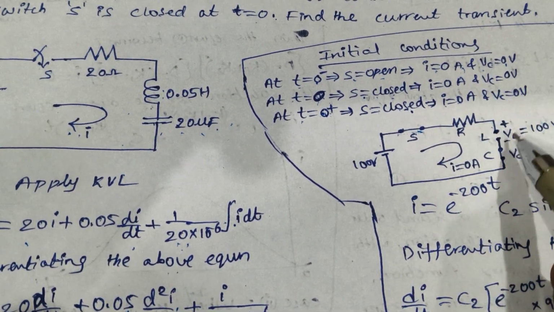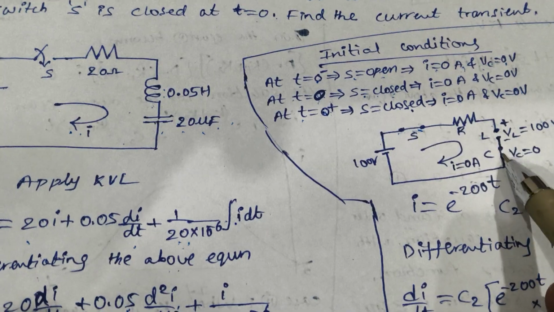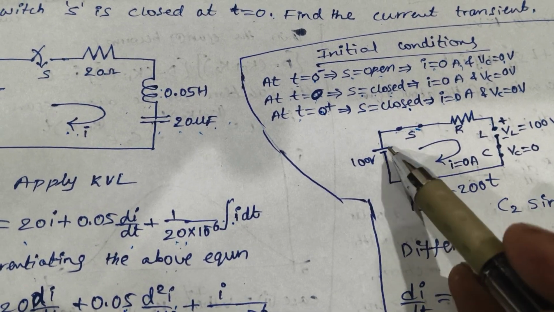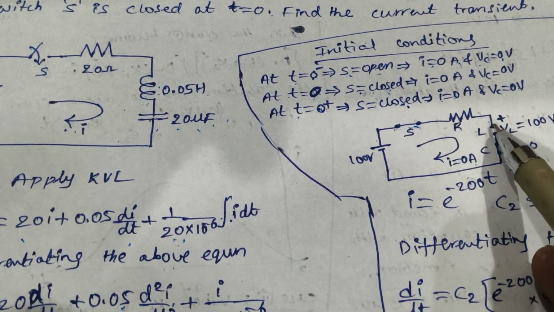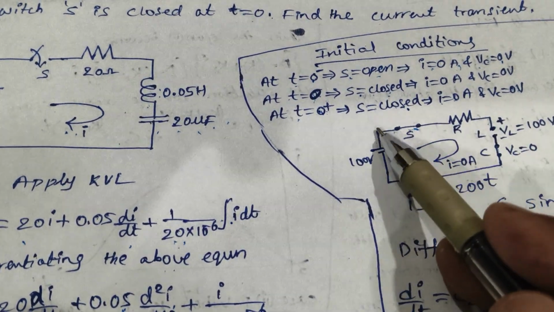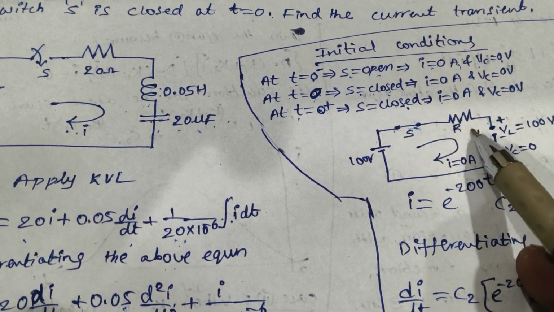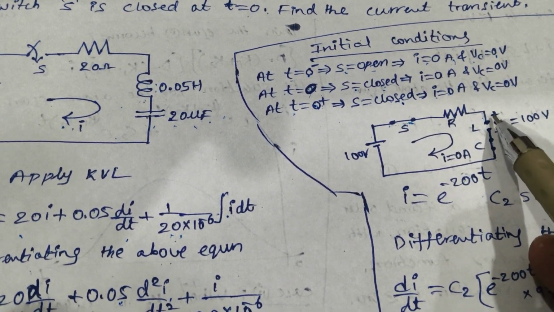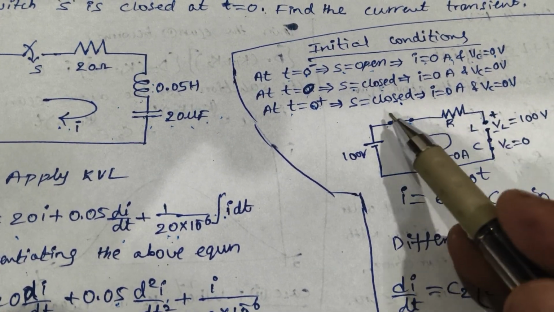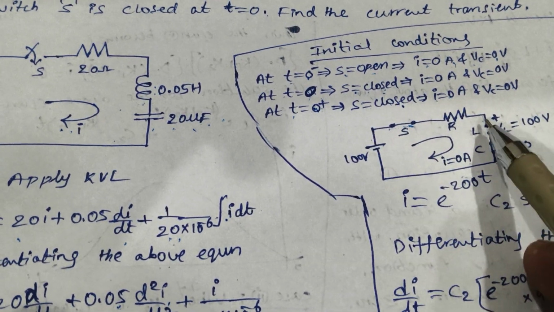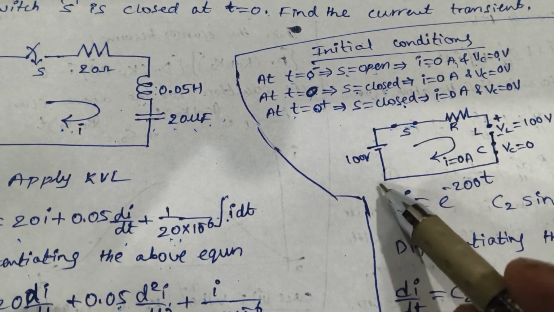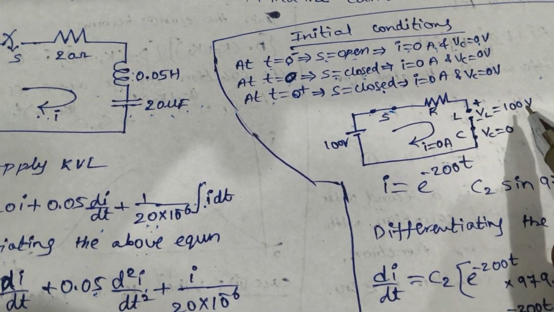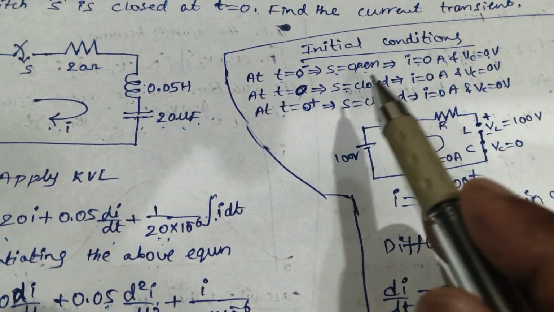And the capacitor voltage is 0, which means it is a short circuit, so it will directly go to the minus, and here plus will go to the plus. But the current flowing through this resistance is 0, so there is no drop across the resistance. Simply we can say that the voltage across the inductance is 100 volts. Plus is at plus, minus is at minus, or if you apply KVL, you will get VL is equal to 100 volts. Now I will use these initial conditions.